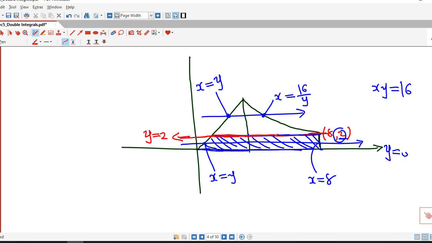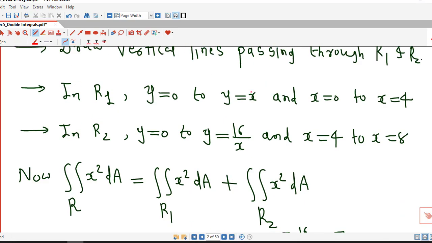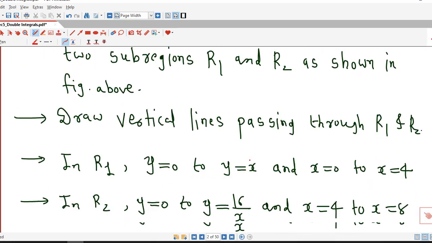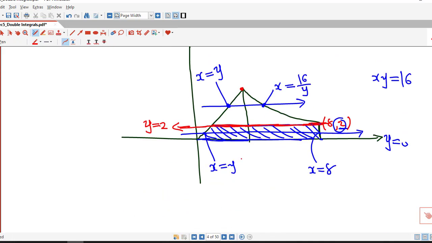At all these points the value of y is 2, and this is the uppermost point. At this point the value of y, and this point is nothing but 4, 4.